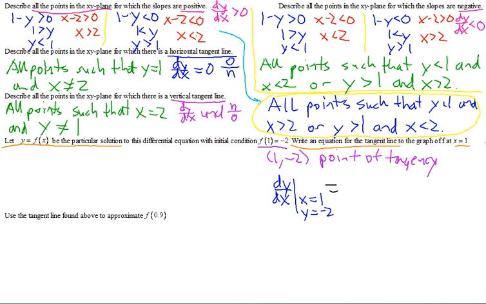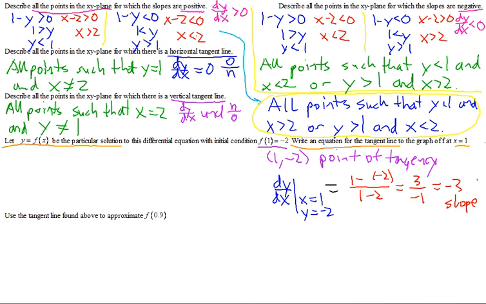So we'll plug in y equals -2, so it'll be 1 minus -2 over x is 1, so 1 minus 2 gives you 1 plus 2, that's 3 over -1, so you get -3. There's the slope of our tangent line.